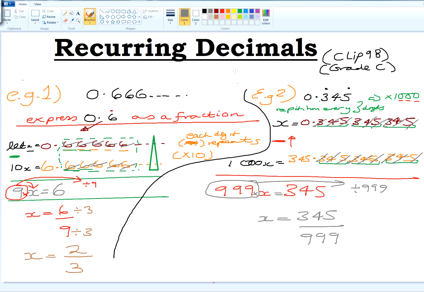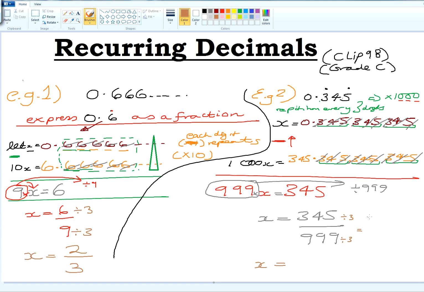Okay, now you have to think, can we simplify this fraction? Okay, what will you divide by? Will you divide by 3? Yes. Let's try dividing by 3.